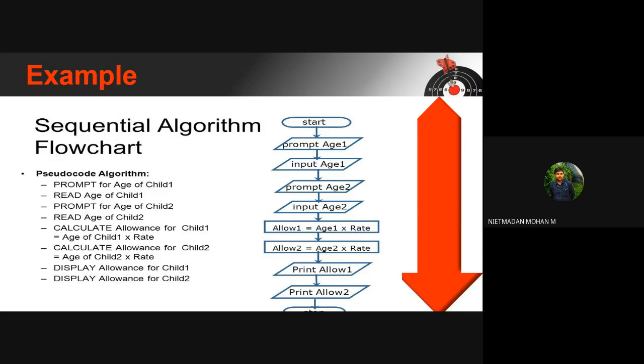So for the age of child 1, the prompt has been used, as well as for the age of child 2. And for the calculation of an allowance, it is age of child 1 into rate, and for child 2, age of the child into rate. So again, if you give the input as age of child 1 and age of child 2, then what will be the result?